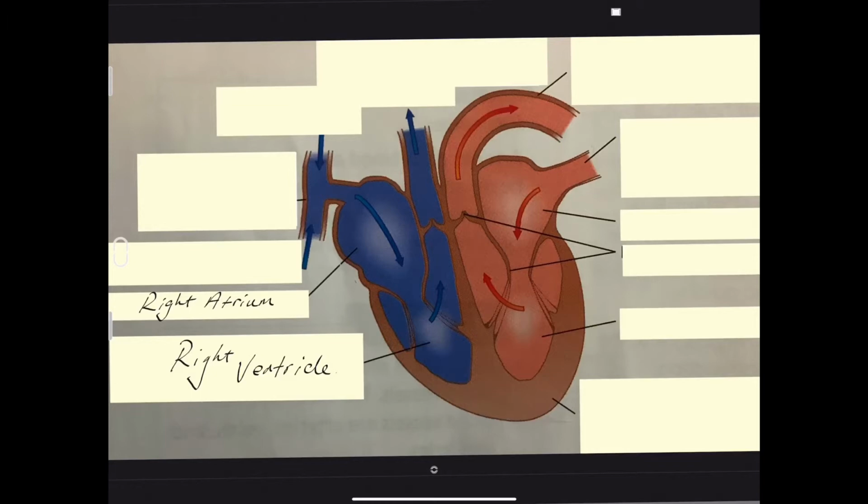The first arrow that you see just above the label right atrium represents blood coming from the body. The blood vessel itself is called the vena cava.